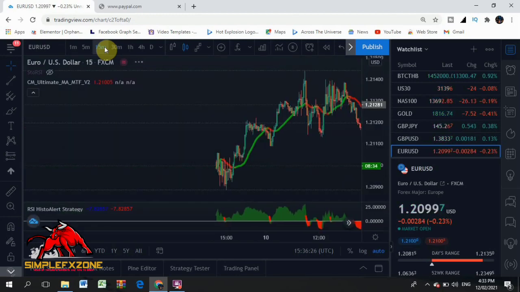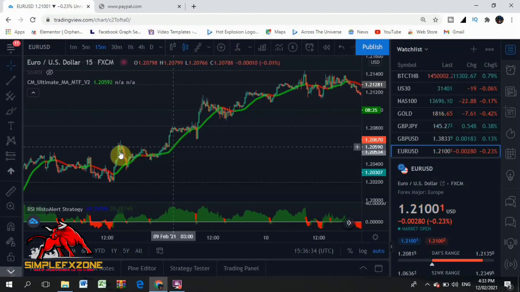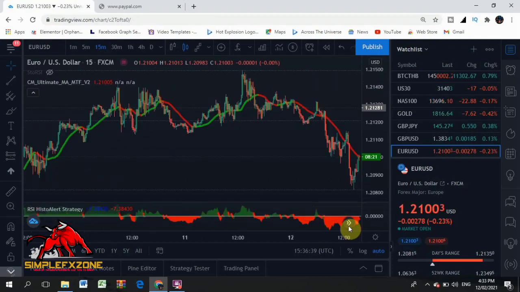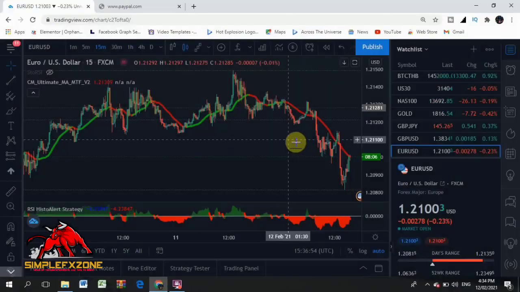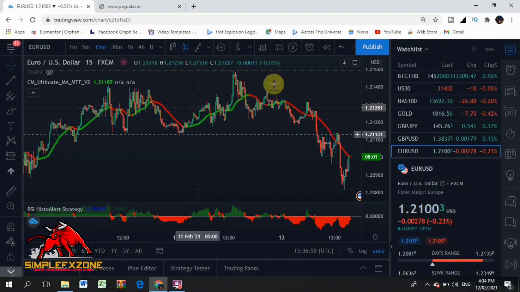Okay, as you can see, this is a buy trade. Let me move to the recent. Okay, as you can see, a sell trade here, and then this is a buy trade.